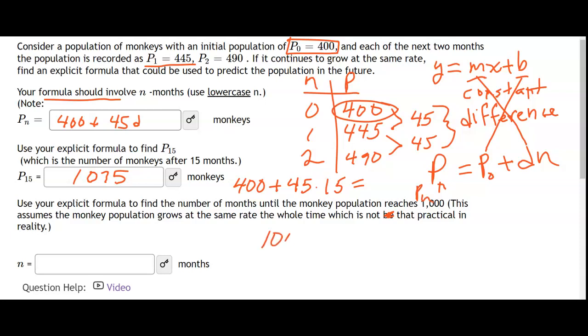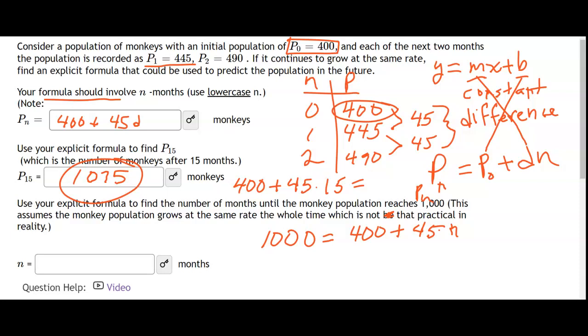So that's 1,000 is equal to 400 plus 45 times n, the number of months. Now we don't know what that is exactly, but we can guess it took 15 months to reach 1,075. So to reach 1,000, it must have been before 15 months. A couple months before that, probably around 13 months.